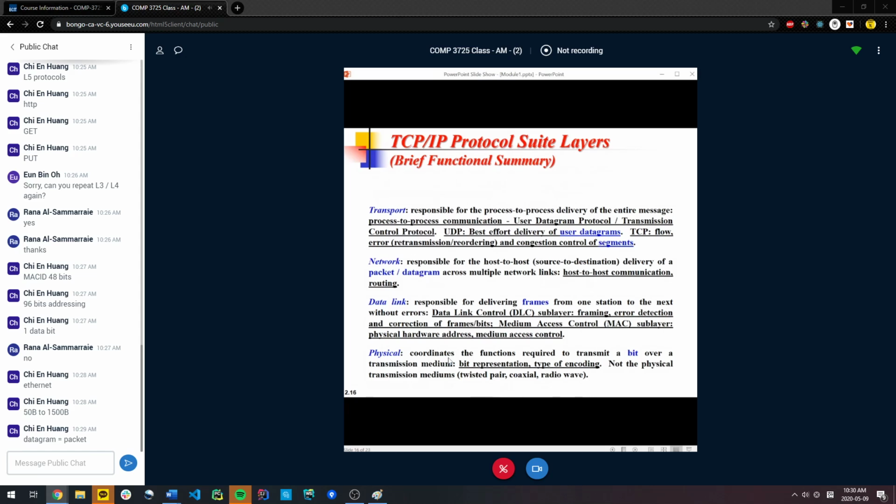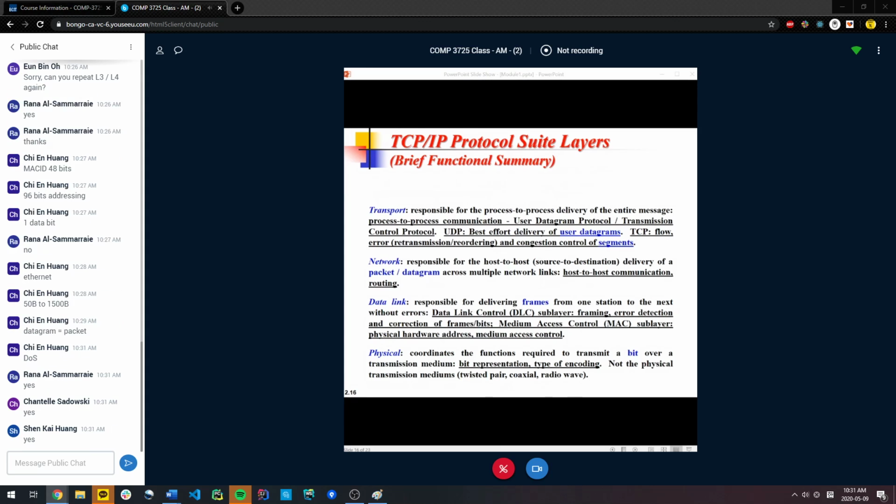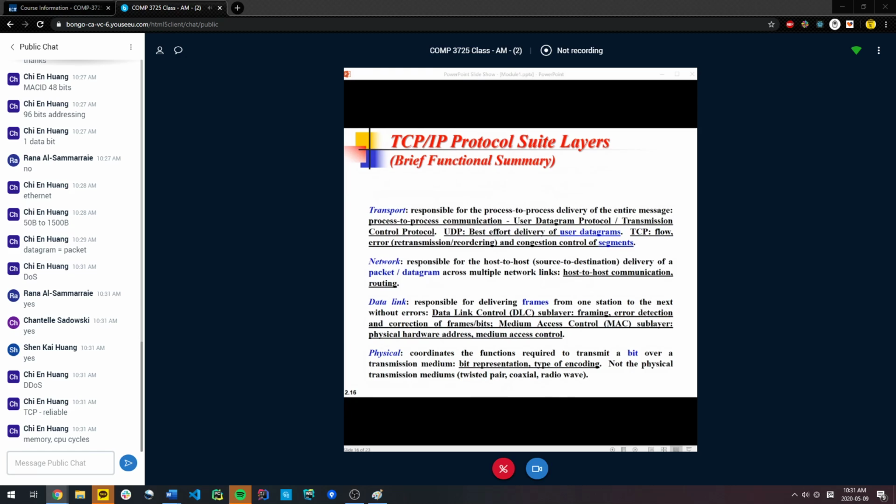The difference is the amount of resources that are required. So if anybody has heard of denial of service attacks, things called DoS, or even DDoS, it's actually an exploit on TCP, because we'll see TCP many weeks down the road, maybe in about 5 or 6 or 7 weeks. But essentially, TCP, which is a reliable service, requires resources like memory, CPU cycles, and so on and so forth.